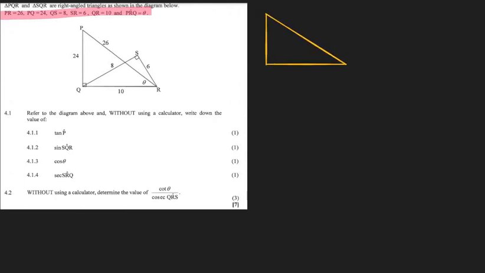This is going to be P, Q, R, that is theta. This side is 26, this side is 24 and 10, and there is our right angle. The other triangle looks a little bit different.